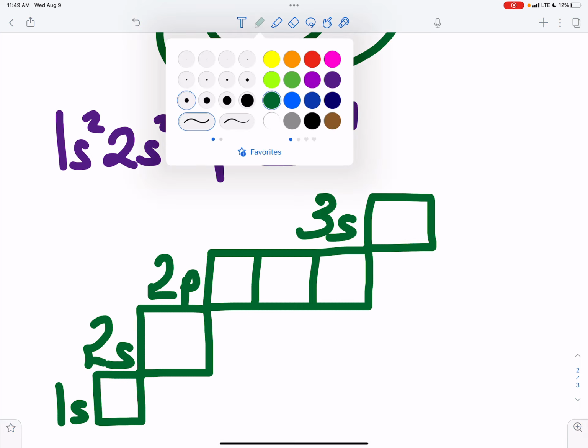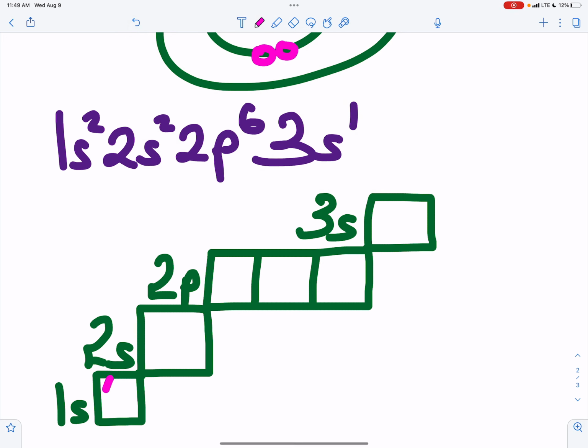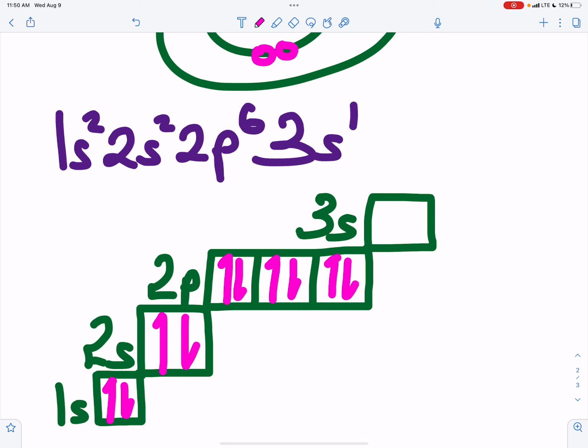In each of these energy levels, the electrons are arranged like this. 1s has 2 electrons, 1s2, as I have written here. 2s also contains 2 electrons, 2s2. Then 2p has 6: 1, 2, 3, 4, 5, 6. Notice how I fill my electrons singly first before going ahead to pair them. That's Hund's rule. Lastly, the last energy level has 1 electron.